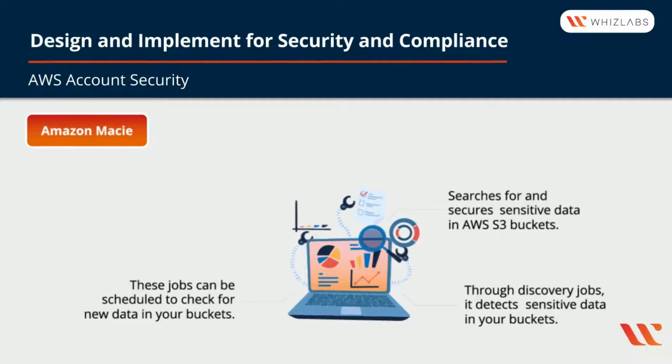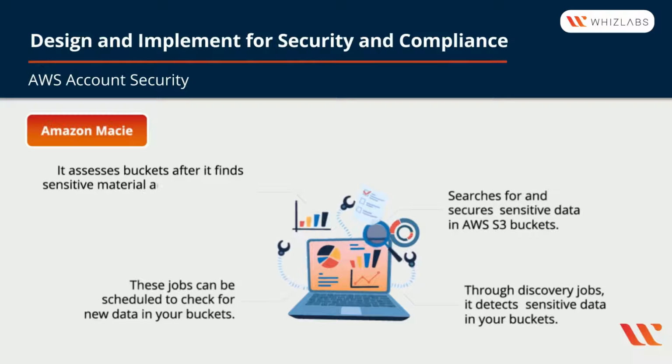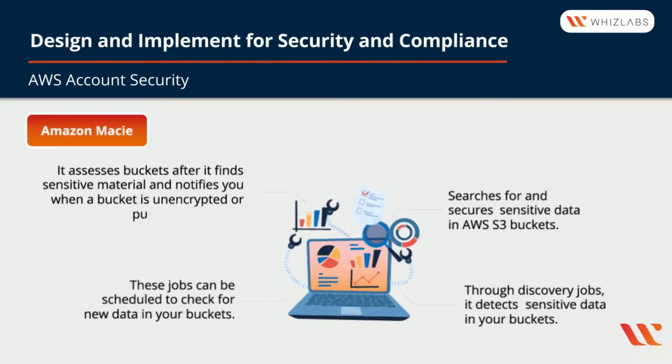Macie continuously assesses your buckets after it finds sensitive material and notifies you when a bucket is unencrypted, publicly accessible, or shared with AWS accounts outside of your organization. Macie's cost varies depending on how much data it processes and how many S3 buckets it will monitor.